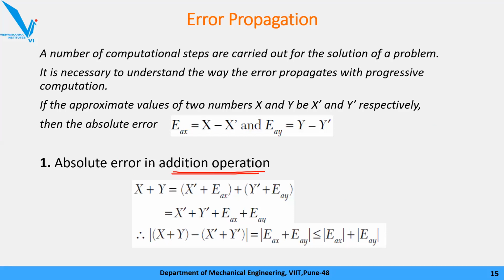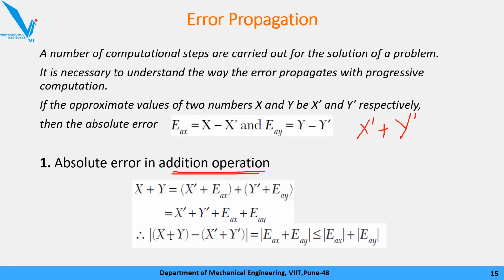When I need to add these two together, I have the x dash value and I have the y dash value. I am using these values for my calculation, and I need to do a simple summation of the two. Okay, so what happens when I sum up, the error gets accumulated.